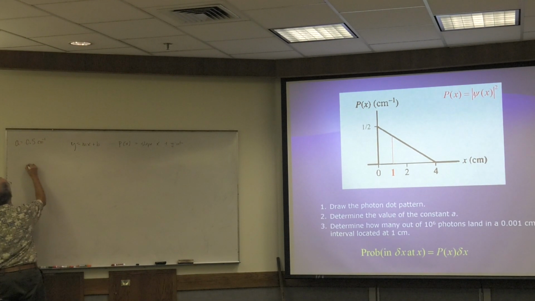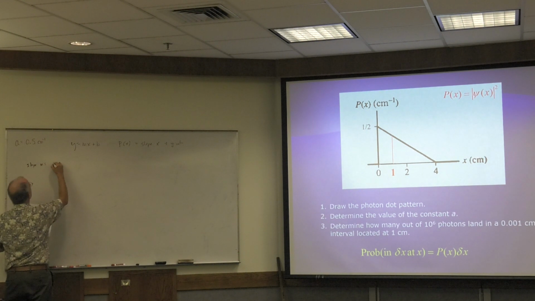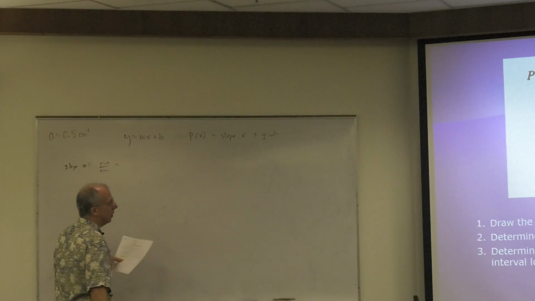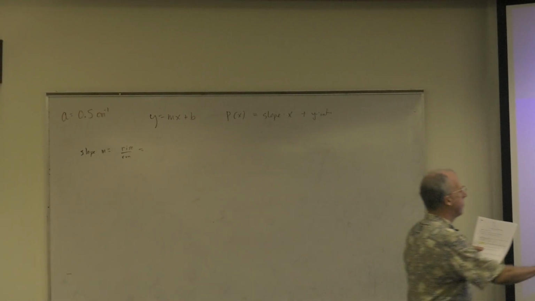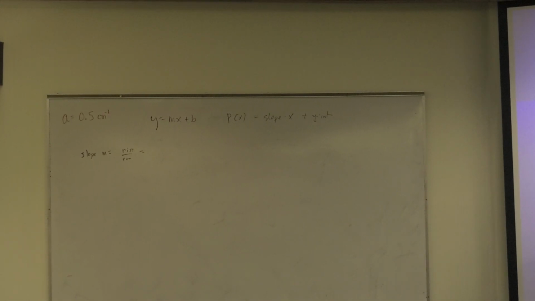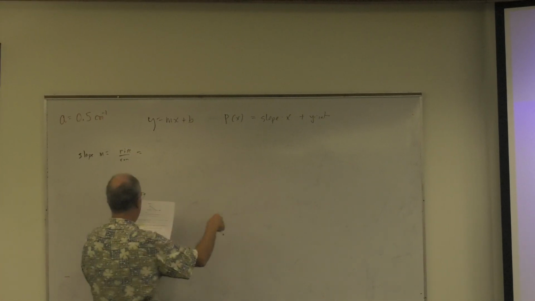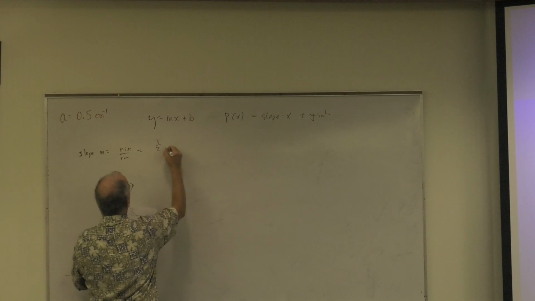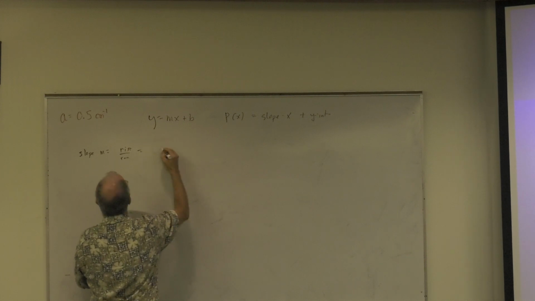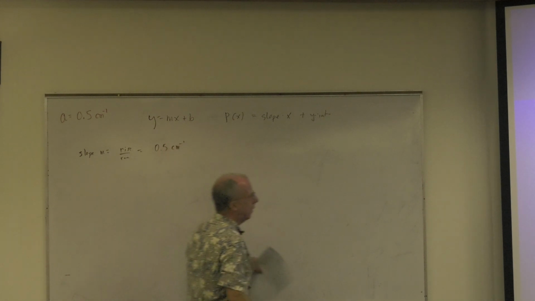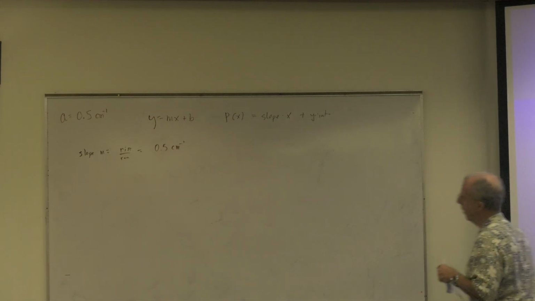The slope, which is m, is the rise over the run, or delta y over delta x, whatever you want to call it. So it's that minus that. It's 1/2, in 0.5 centimeters negative 1, minus 0.